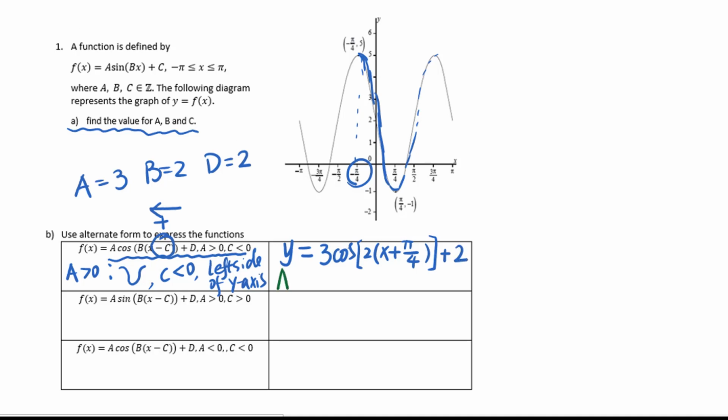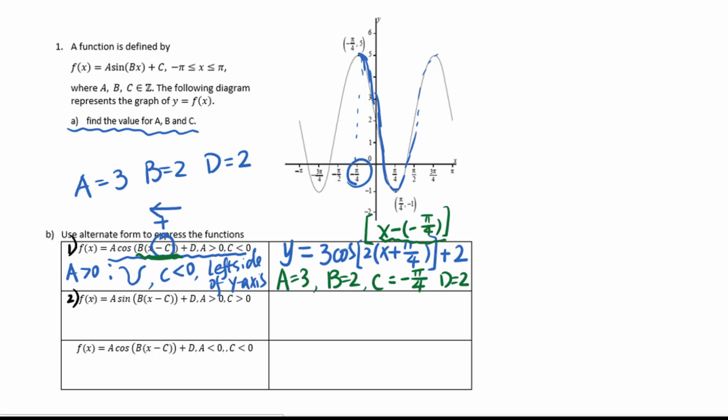For the variables, a equals 3, b equals 2, c equals negative pi over 4, d equals 2. The reason this c is negative pi over 4 is because the original pattern is x minus c. So we have to write x minus negative pi over 4. That's the reason c equals negative pi over 4.